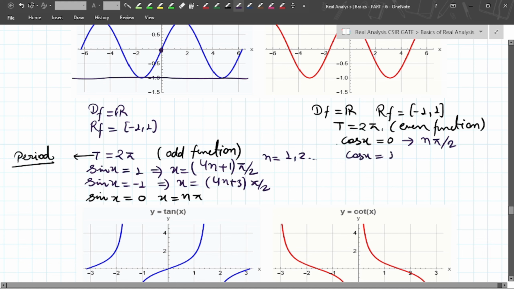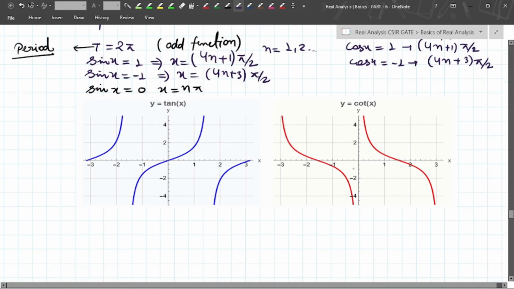Cos is taking 1 for x equal to 4n pi, or for 0. And cos is taking minus 1 for all (4n plus 2) pi. These are the values specified here.